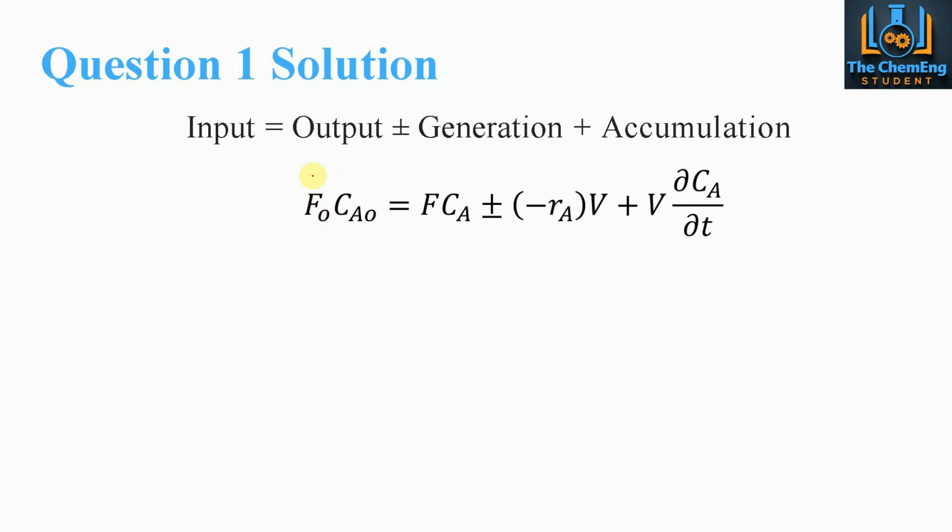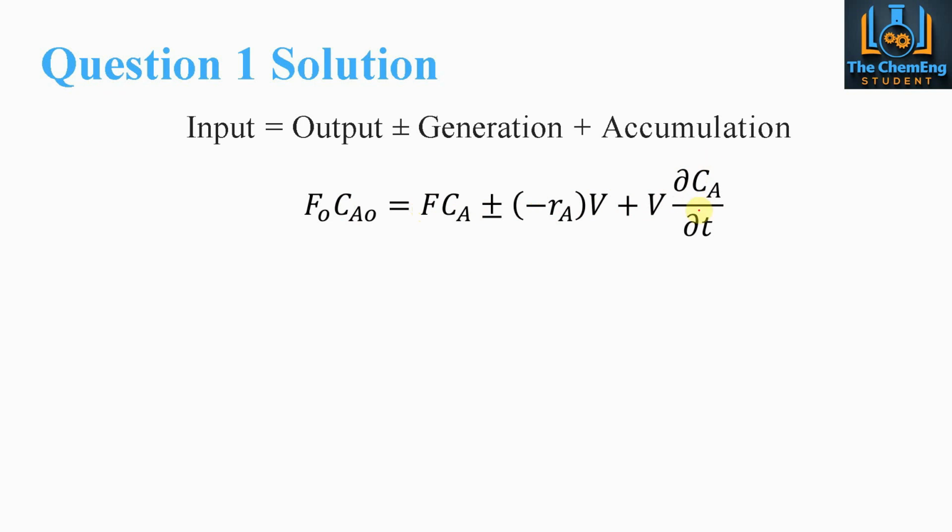So we have F naught, that's our flow, Ca naught is our initial concentration, F is our outlet flow, Ca is our final concentration. We have our rate of reaction minus Ra multiplied by the volume, plus the volume multiplied by the partial differential of the concentration over time. So this would be the accumulation term.